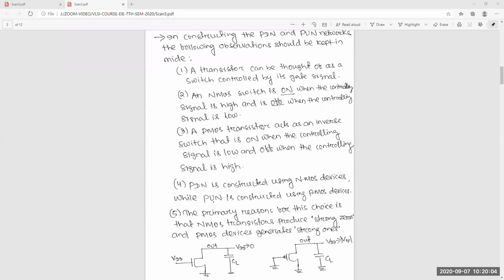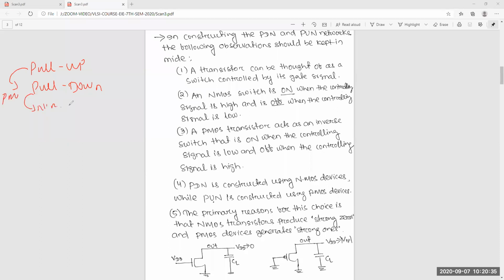So here, when we consider this pull up and pull down, I said this is the PMOSes and this is the NMOSes.